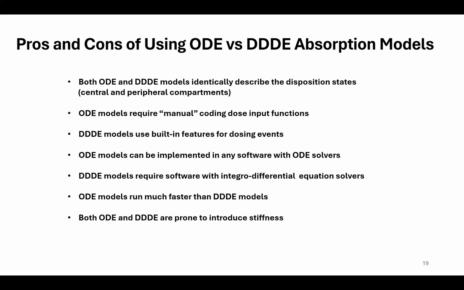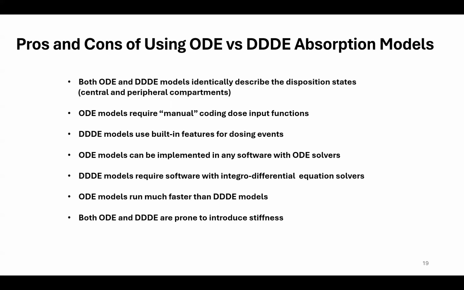Another huge advantage of ODE models over the distributed delay models is the runtime. I just have a single subject estimation exercise, but even with that exercise, you can see the runtimes for ODE models are a matter of a few seconds, whereas for the DDE models it takes less than a minute, but then 10, 20 seconds, that's what you can see.